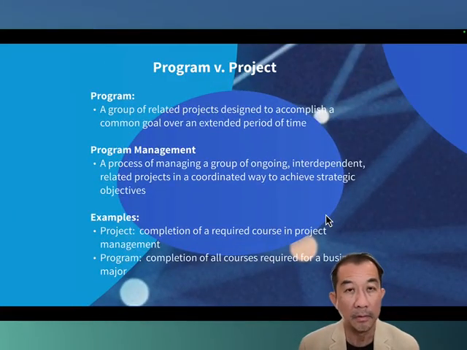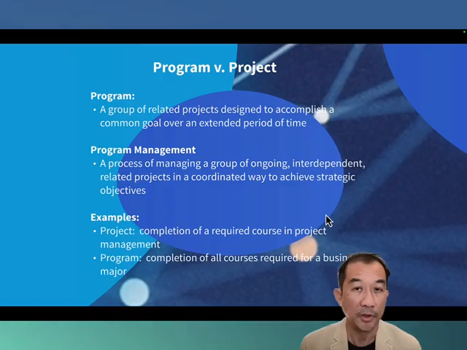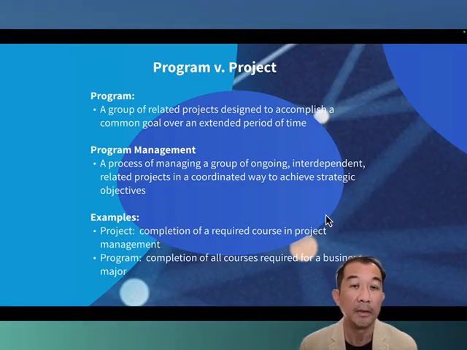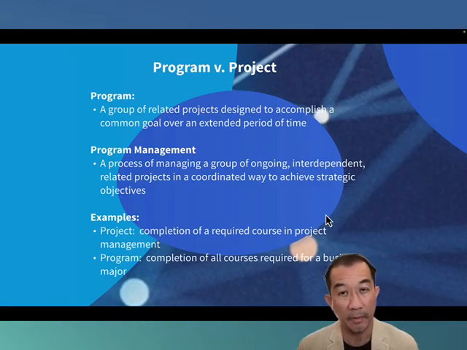So let's review the difference between a program and a project. A program is a group of projects that are related, and they are designed to achieve a common goal over a much longer, extended period of time.